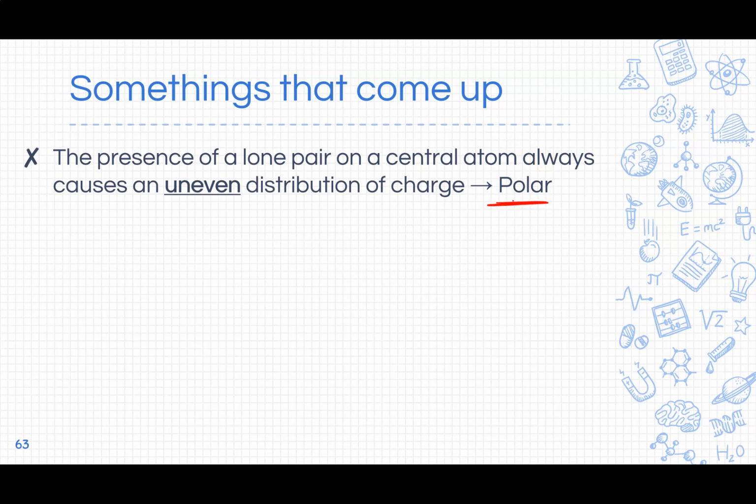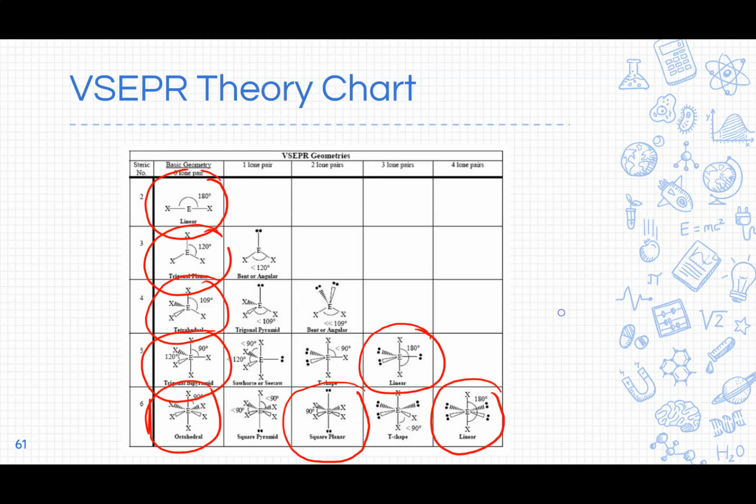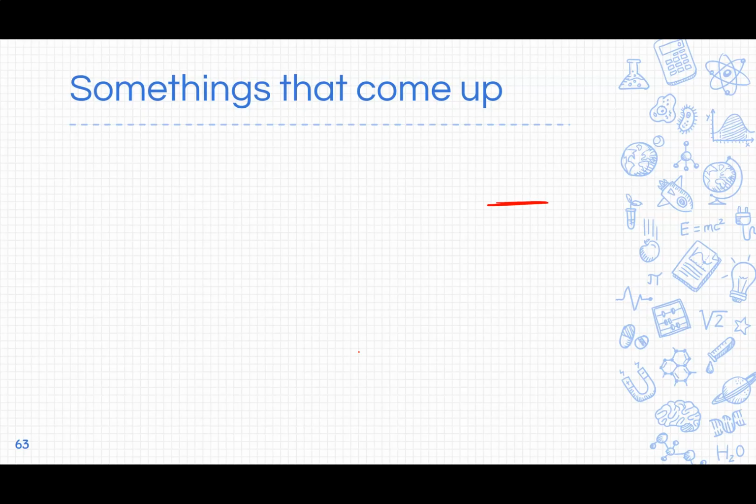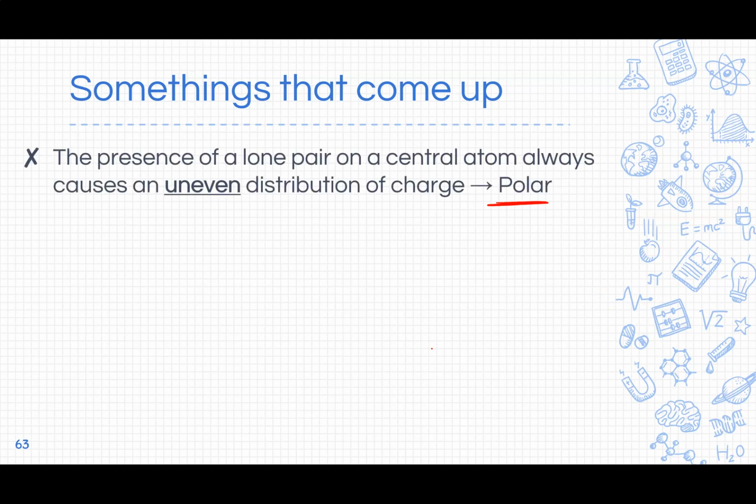So if you have a lone pair or multiple lone pairs on a central atom, you can pretty much assume that the molecule is going to be polar. The one exception to that is the square planar, and so that's why it's almost always. But if there's a lone pair on a central atom, I often assume it's going to be polar.